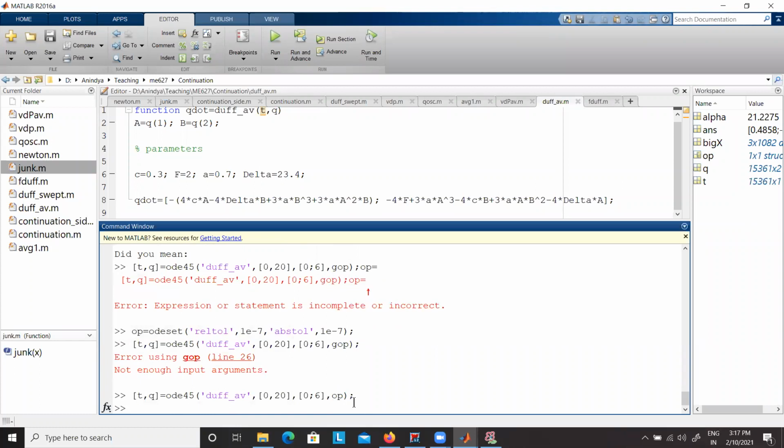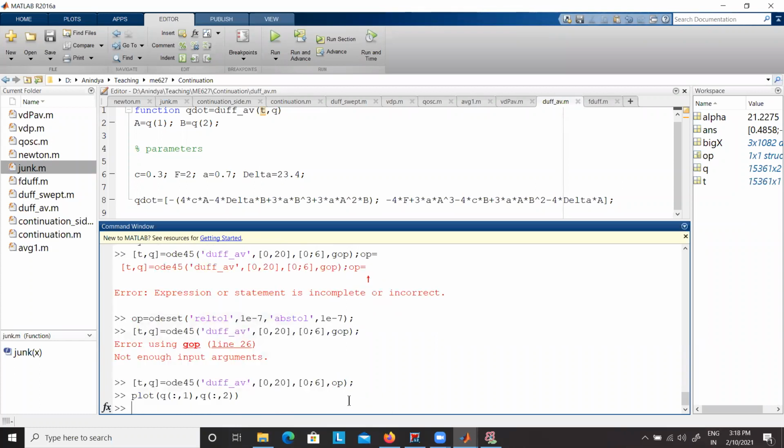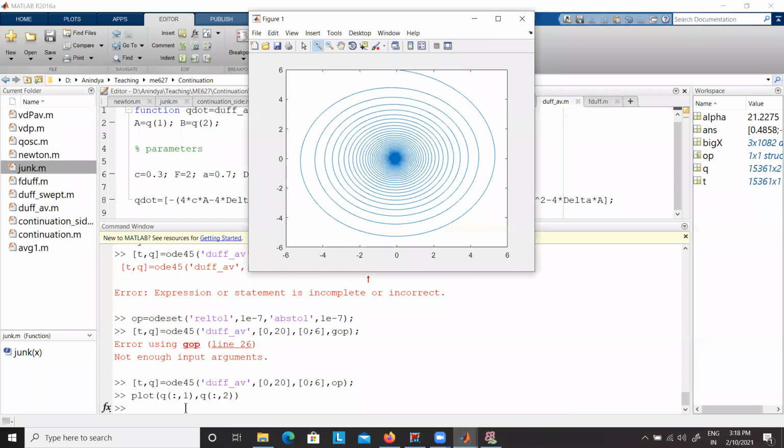Okay, then I have that. Let's see. Okay, so there it is going there now. Those solutions have just disappeared.